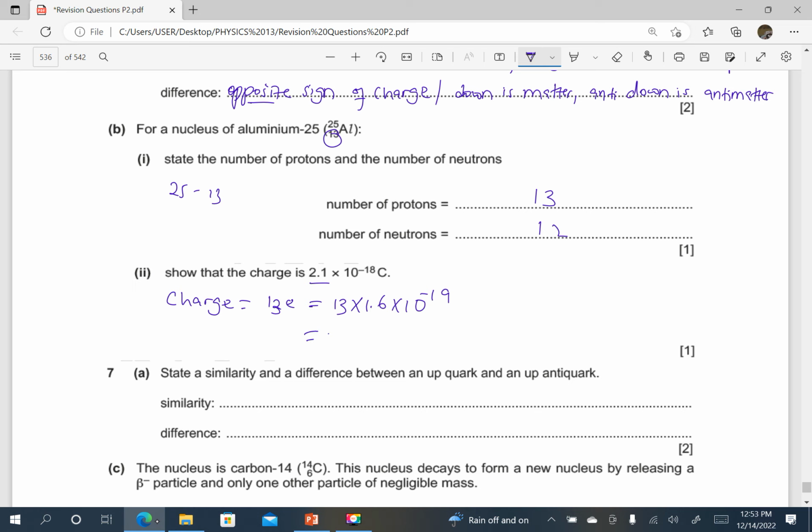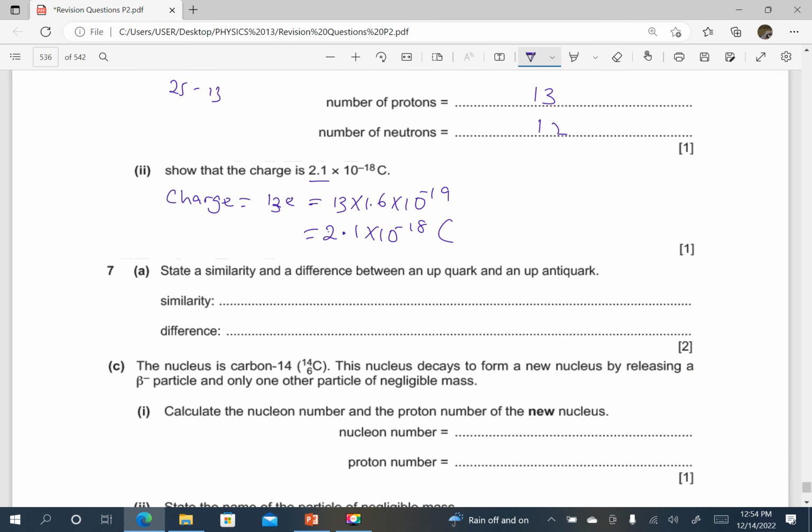Because there are 13 protons, each proton has charge e. So just say 13 times 1.6 times 10 power negative 19. So this is 2.1 times 10 power negative 18 coulombs.